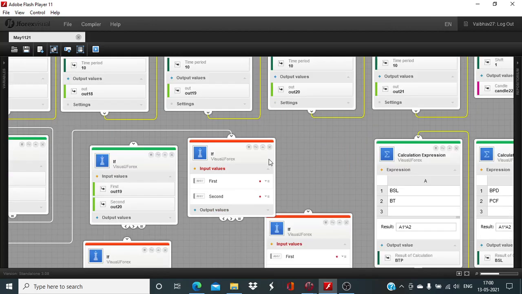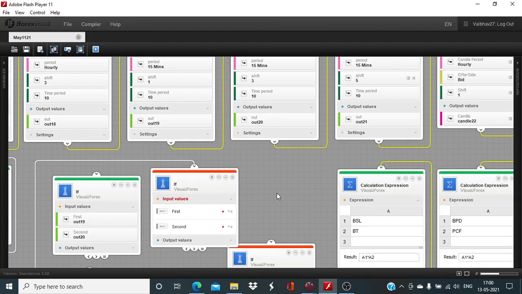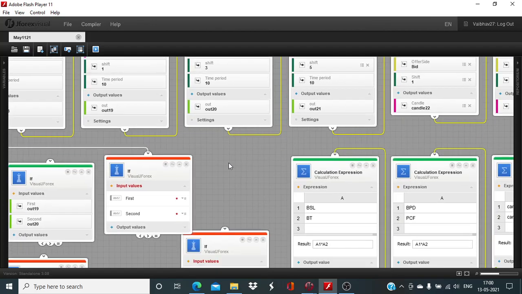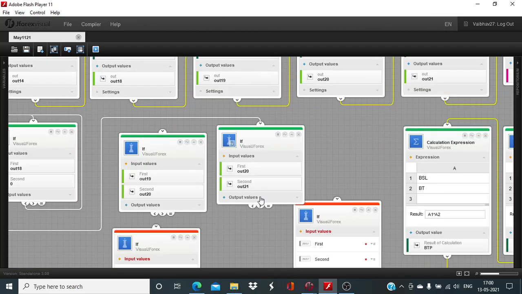Since we have other block in place which is already connected, I will define these values also. And our 20, which was the momentum indicator output value half an hour back, as it has a shift value of 3, it should be above our 21. So in this case, first input greater than second input.